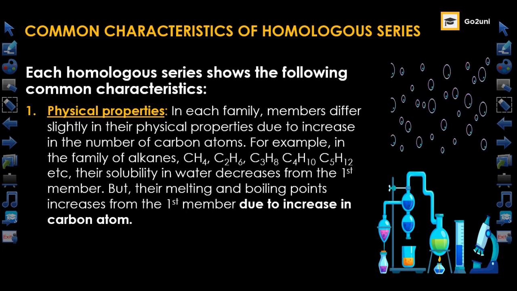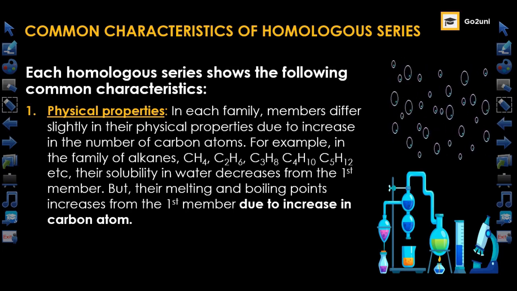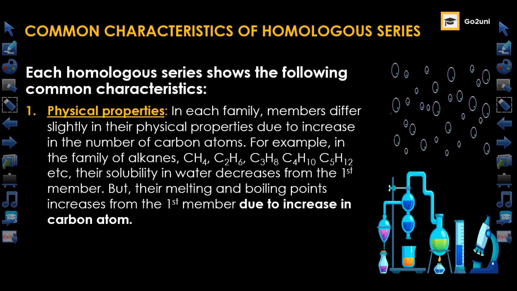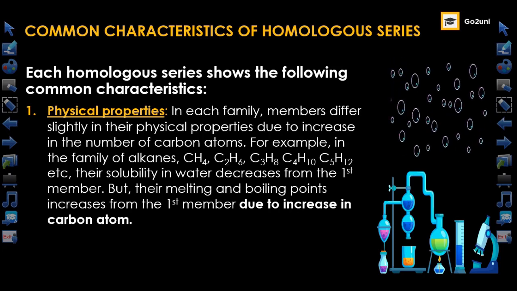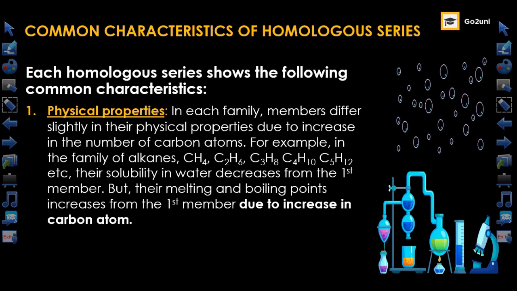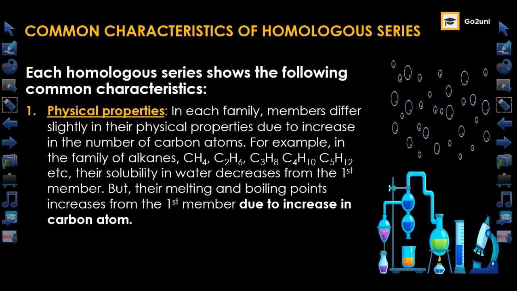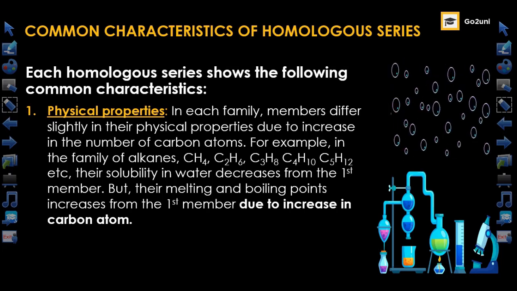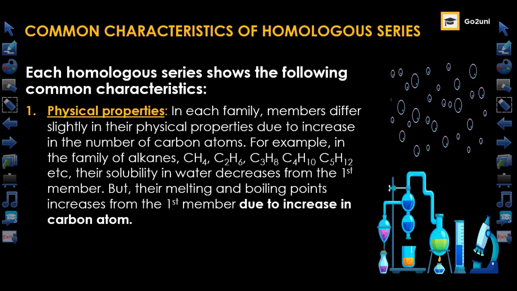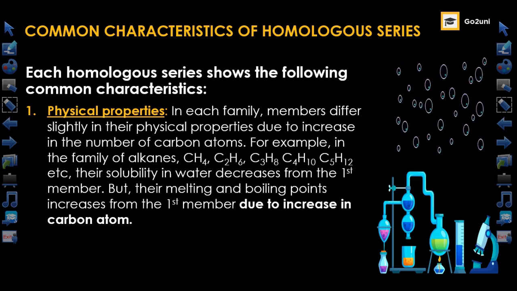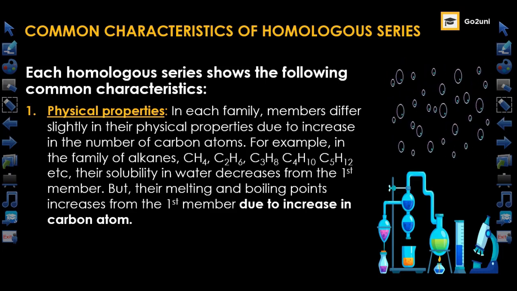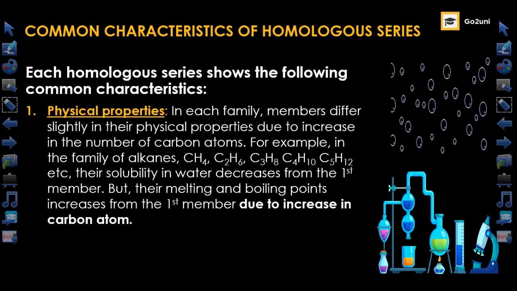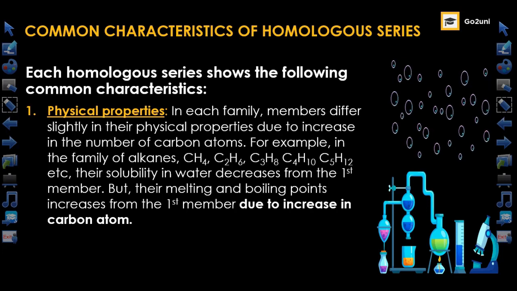But even though methane is not readily soluble in water, it may interact with water better than ethane. And ethane will interact with water better than propane, C3H8. Similarly, propane will interact with water better than butane, C4H10, and it continues that way. The reason is the increase in their carbon atoms. So as carbon atoms increase, their solubility in water decreases.